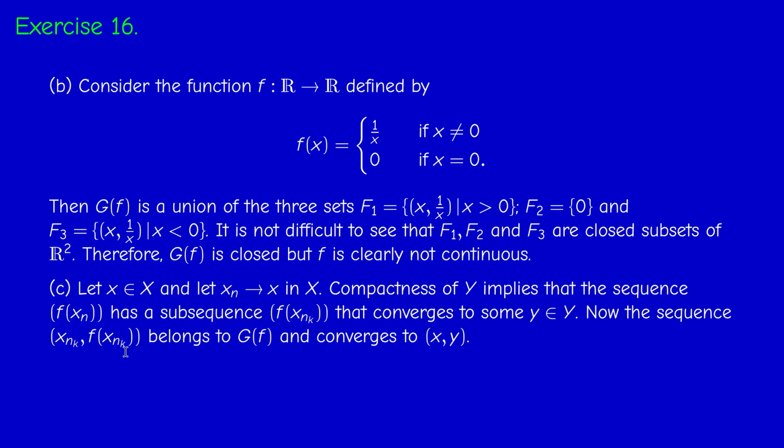And f of the subsequence converges to y. So this sequence in the graph converges to (x, y). But we assume that the graph is closed, so necessarily (x, y) is in the graph. The limit is in the graph, so necessarily the second component is the image of the first component. So y equals f(x).